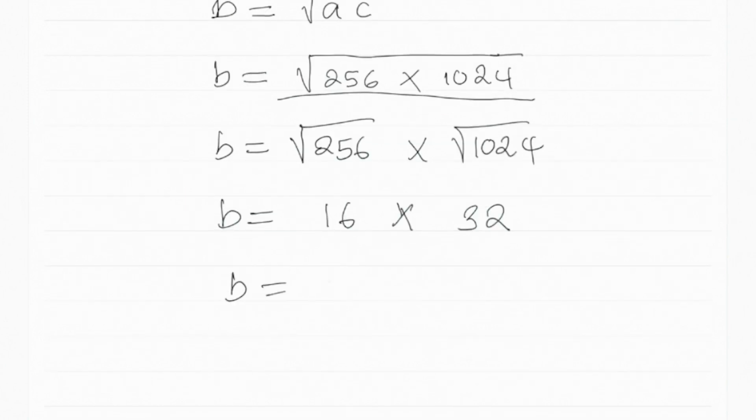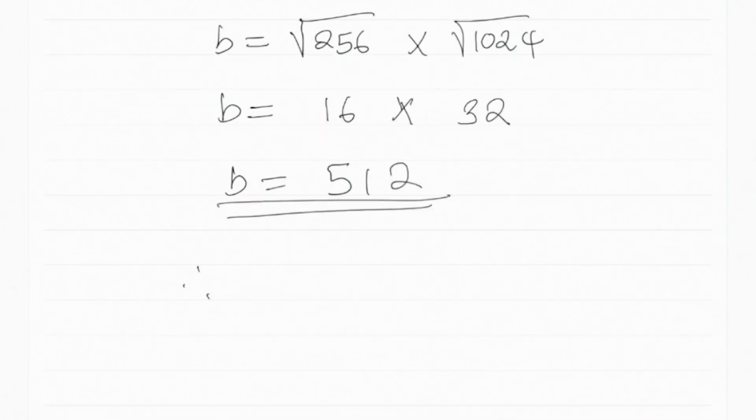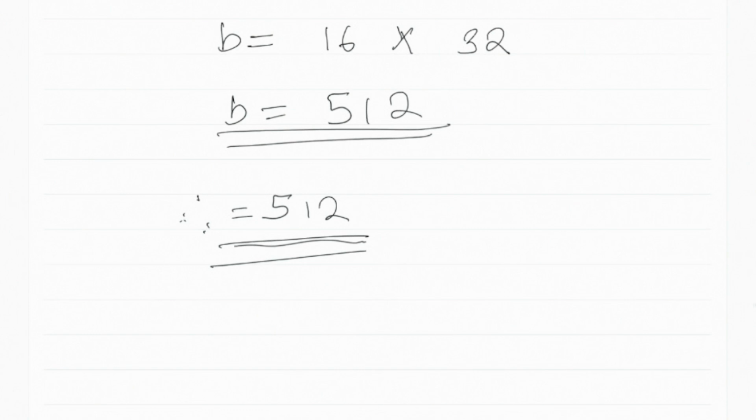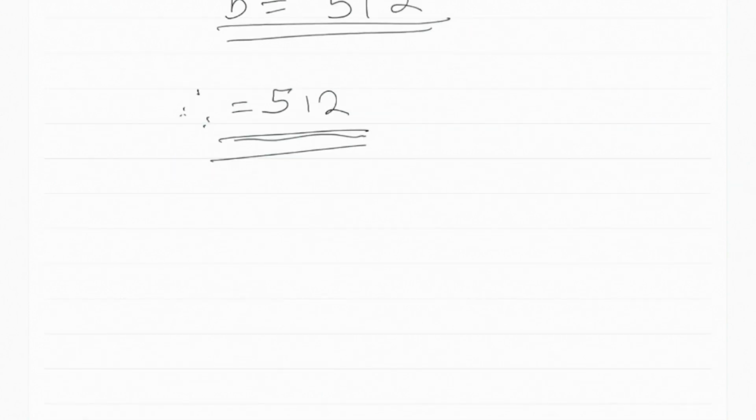Right, and if we multiply 16 times 32, we are going to have 512. And therefore, we can say the geometric mean in that question is 512.